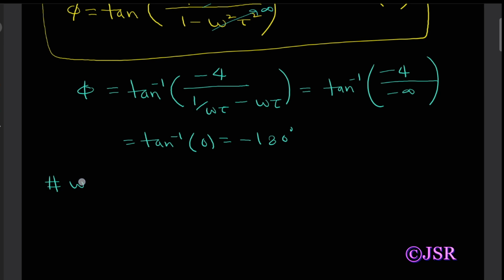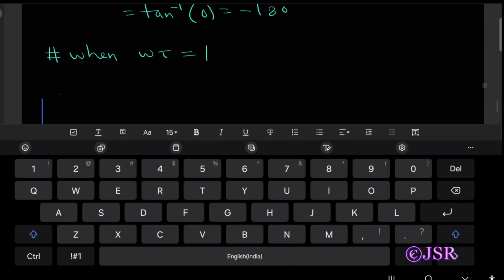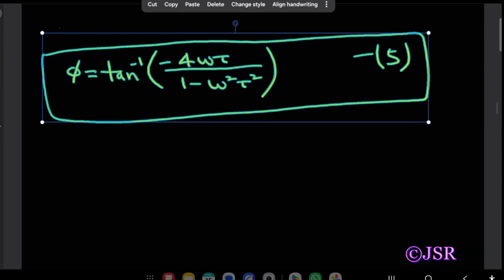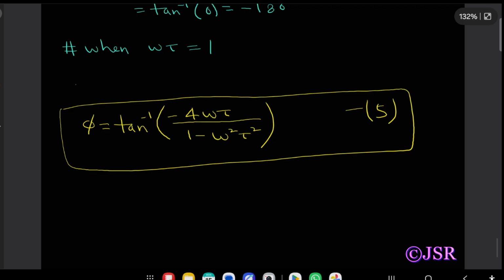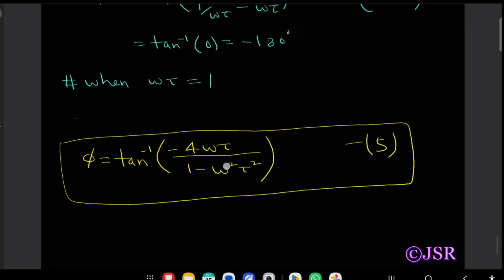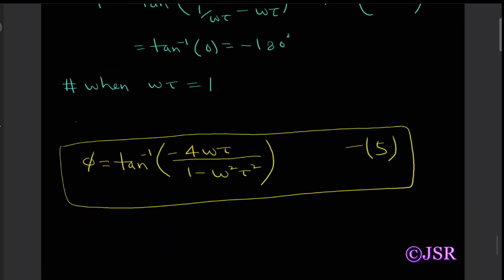So when omega tau equal to 1, in that case, from equation number 5, this will be equal to 1 and this will be equal to 1.